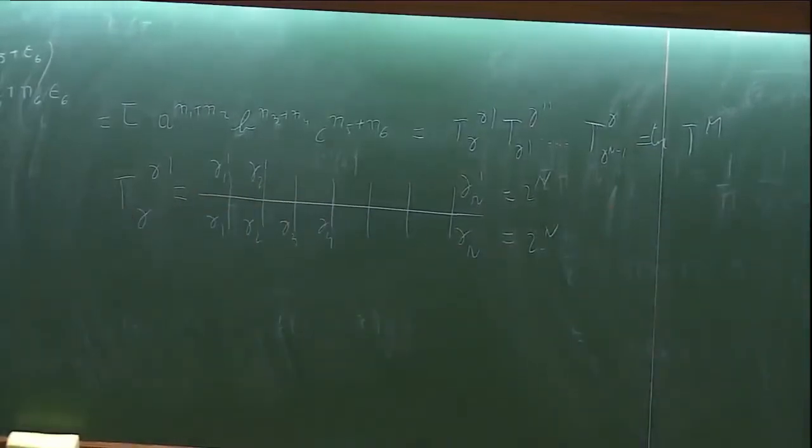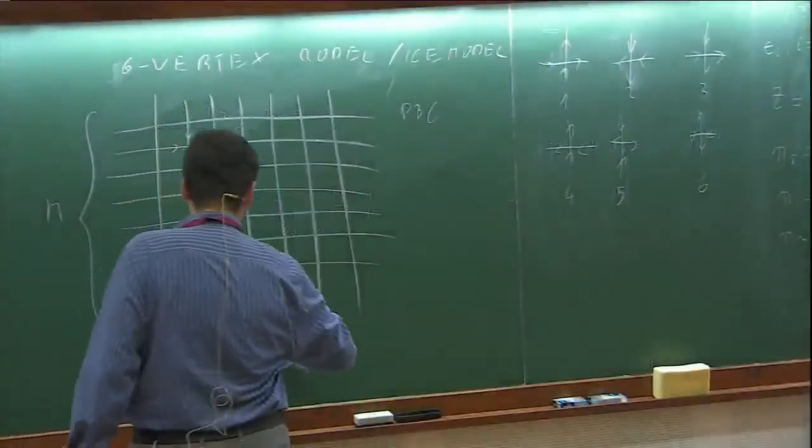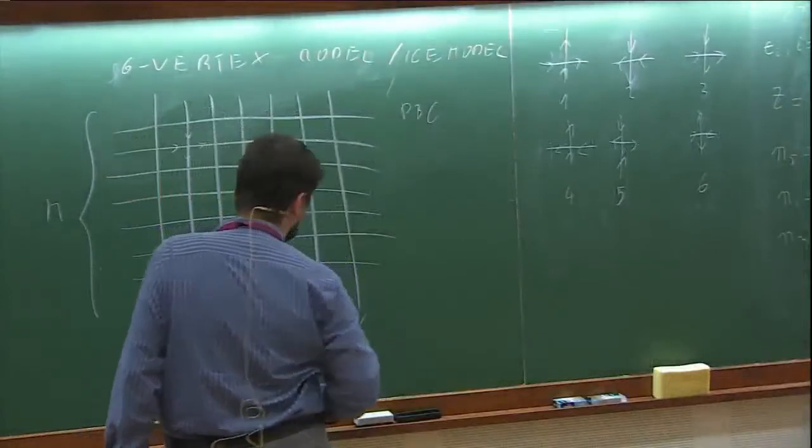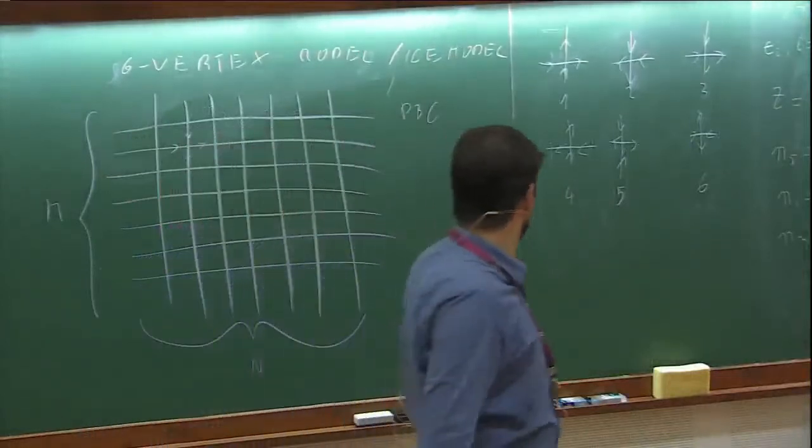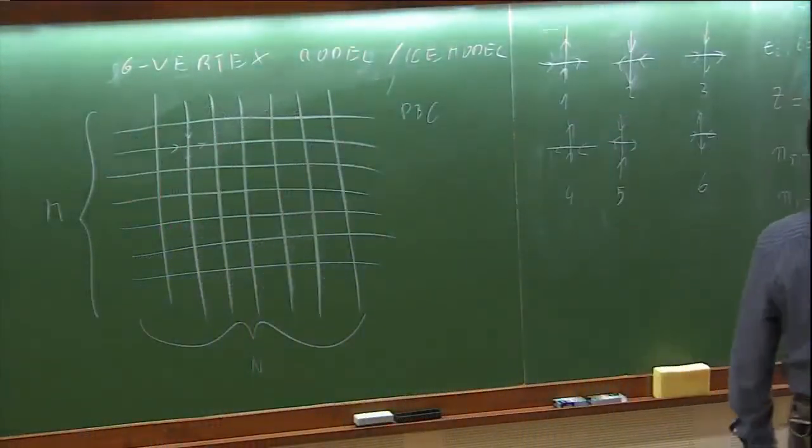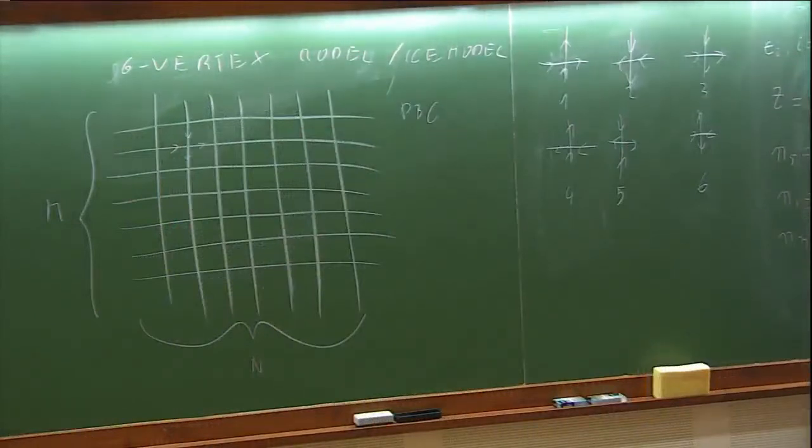So here I'm making the assumption that I have m rows and n columns, which means that Z is a matrix of 2^n cross m. Well, no, it's not exactly like that.